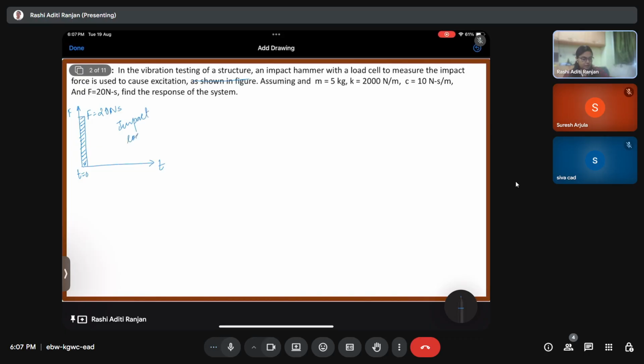The parameter values are: mass 5 kg, spring stiffness 2000 Newton per meter, damping constant 10 Newton second per meter, and F as 20 Newton second.